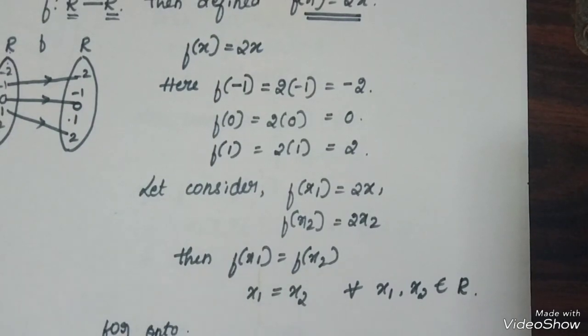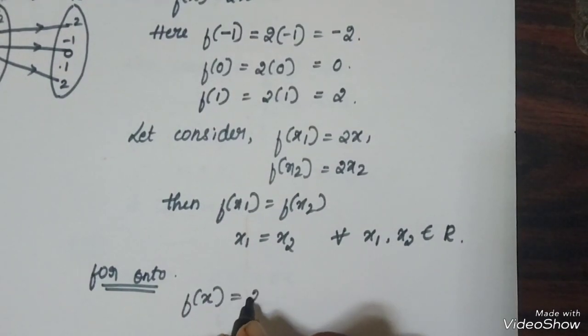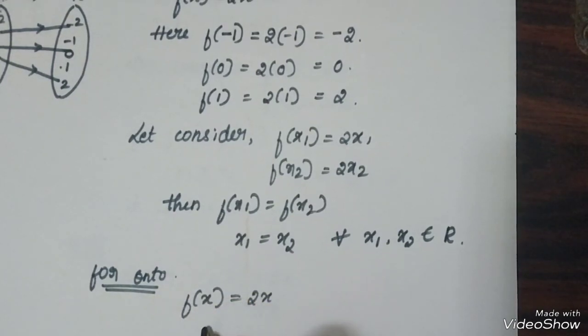For the onto condition, we have f of x is equal to 2x. Substitute f of x by y, so y is equal to 2x. Then x is equal to y by 2.